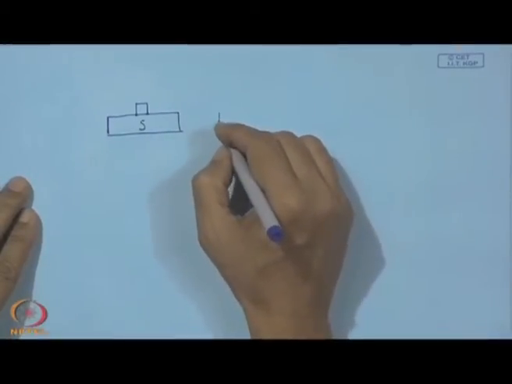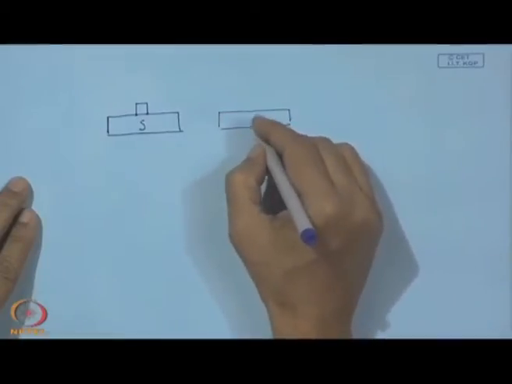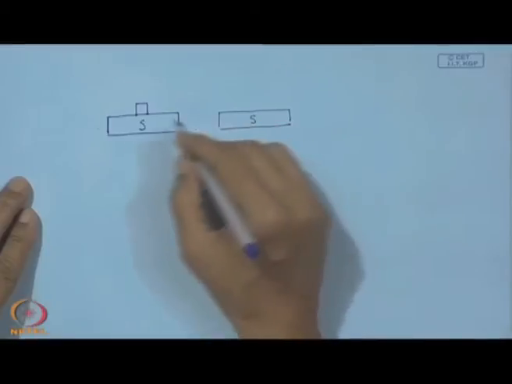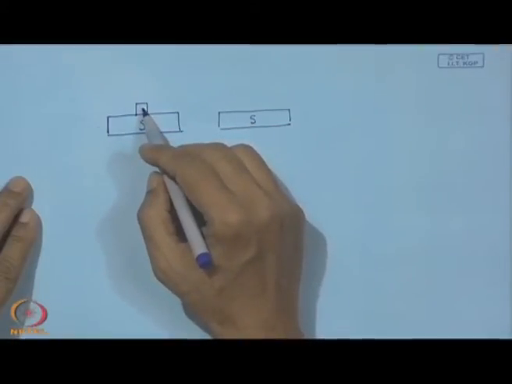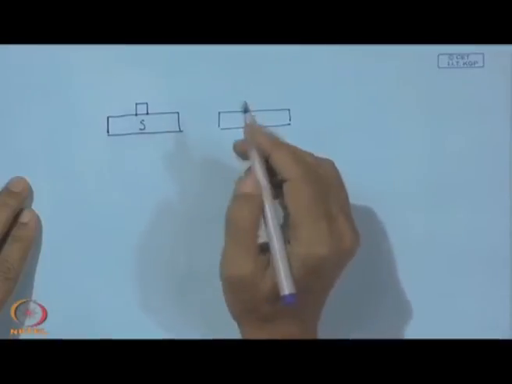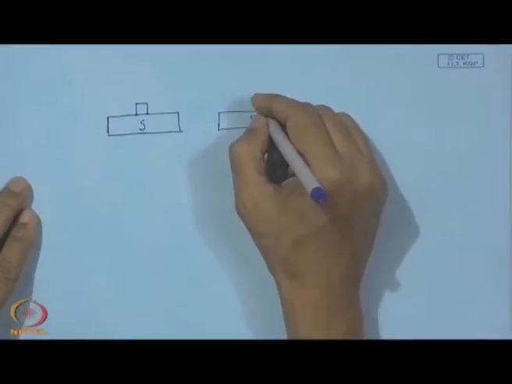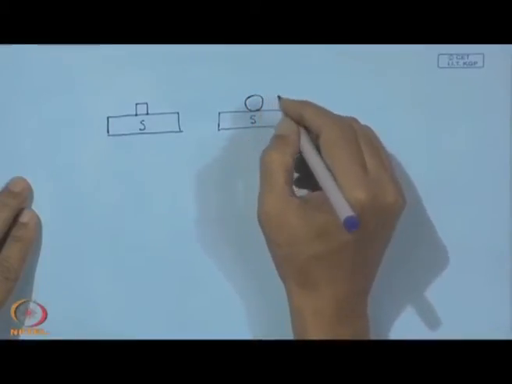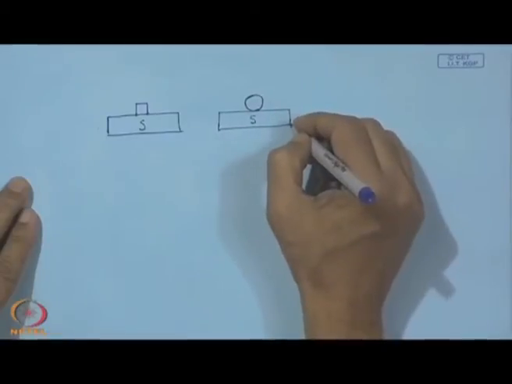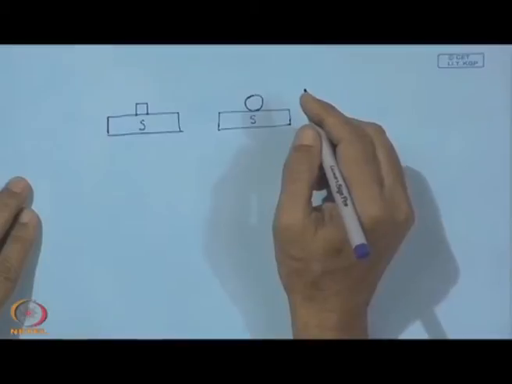Number 1, this is the solid surface, and just after complete melting of this small block, this molten liquid can assume the shape of a sphere or a ball. That means, it is total de-wetting or non-wetting situation.